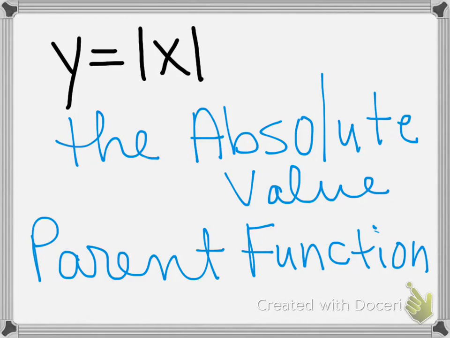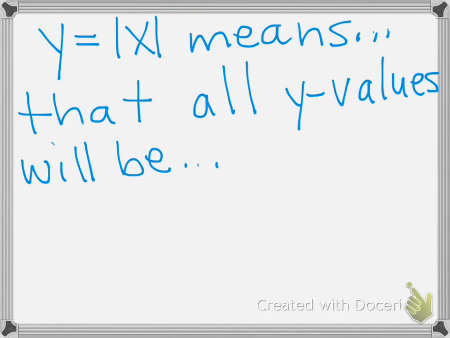The absolute value function looks like this. As far as the equation goes, y equals the absolute value, that's what these bars are, the absolute value of x. Okay? So what does this mean? If I say y equals the absolute value of x, it means the y values will be the absolute value of x.